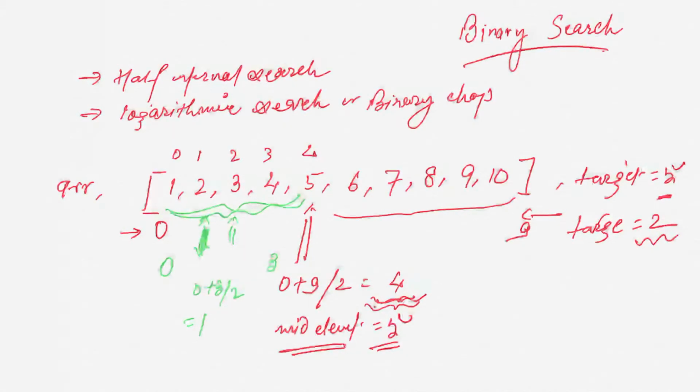In this case your mid is equal to the target value, and you can return index 1, or you can return a boolean value. As we are skipping half of the array, that is the reason it's called half interval search. Each time you search, the length of the array is halved.